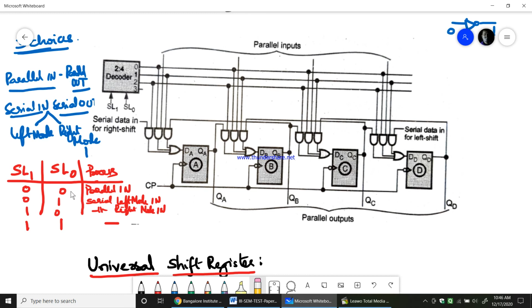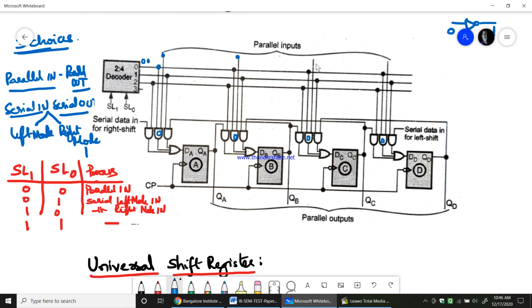As we see, for 0 0 this will be selected, and that is given to these AND gates. So this is the 0 output of the decoder, these 4 AND gates are connected, and if you properly see, one of the inputs of each is connected to the parallel input lines.